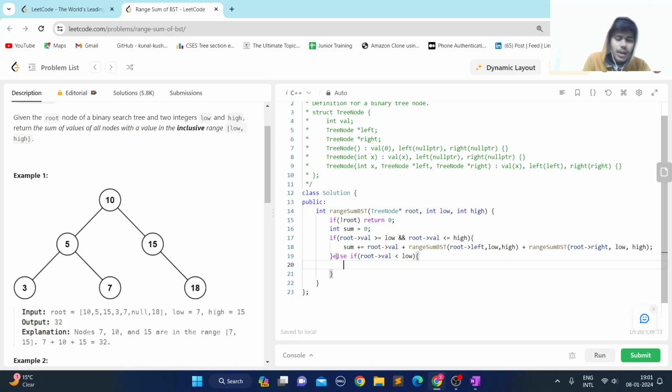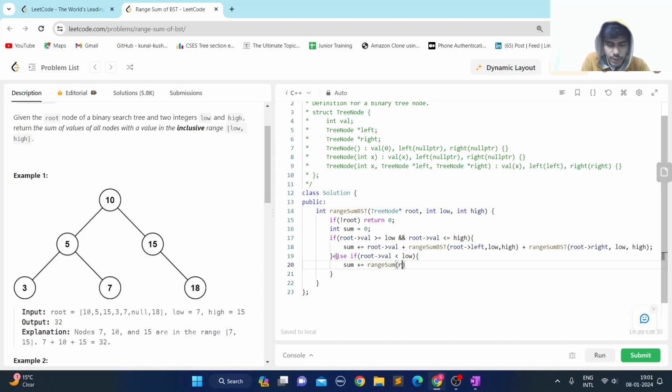Why right part? Because right part will give you more or higher numbers. So I am going to add range sum. What range sum? Range sum will return me the right part answers, whether they are coming or not. This will recursively call its subparts also. If it's not falling under the criteria, it will return 0 instead.